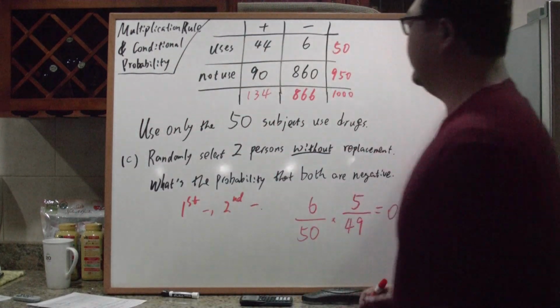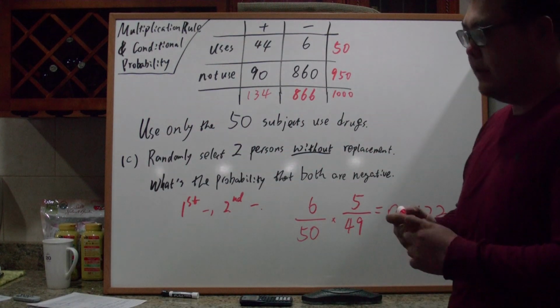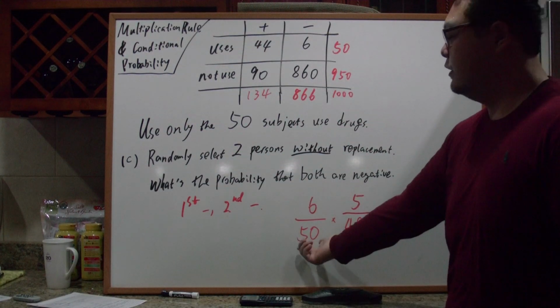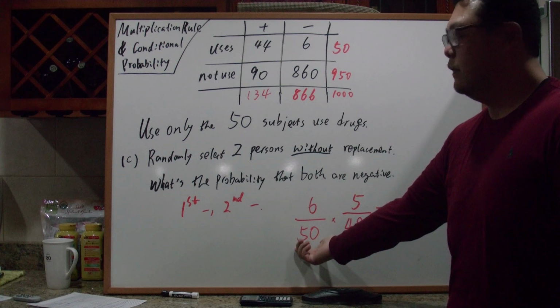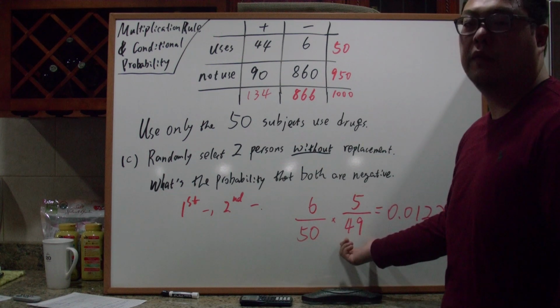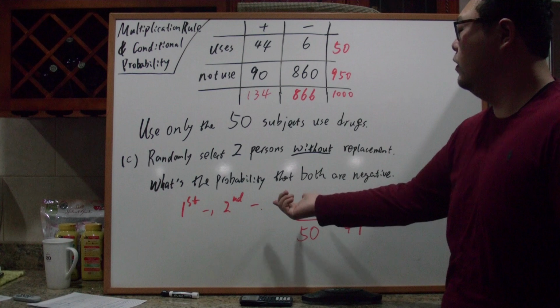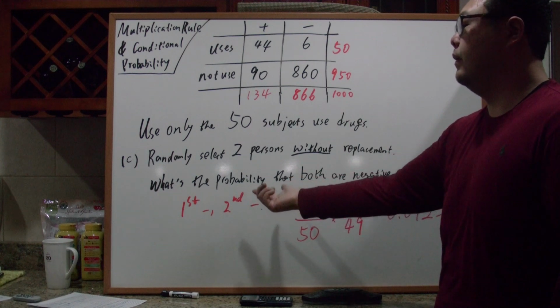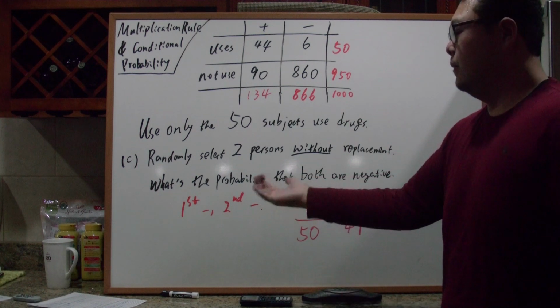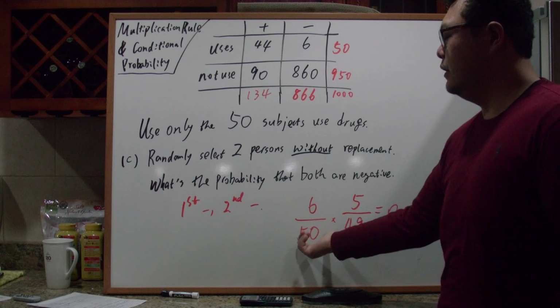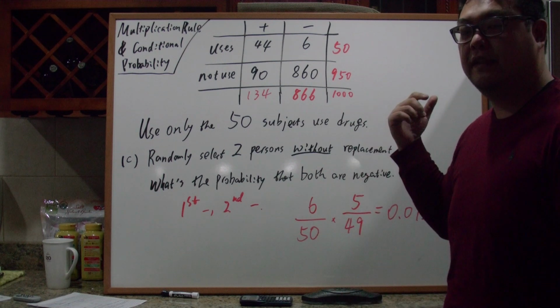Right, the same way to multiply it. But what we can see here is that when we select without replacement, the probability of the first actually affects the probability of the second. We are asking for the same thing, both are negatives, but when we do it step by step without replacement, it actually affects.